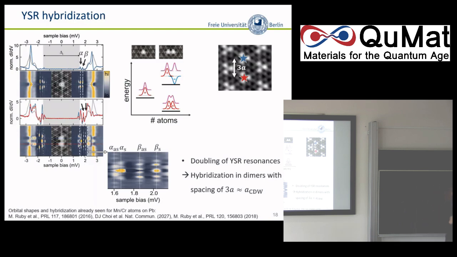Right. Maybe then a very naive question. I would expect the symmetric combination to be at lower energies. Not necessarily. Yes, that's exactly what you expect for, let's say, the hydrogen molecule. But here it can be slightly different because of the oscillatory nature of the YSR state.